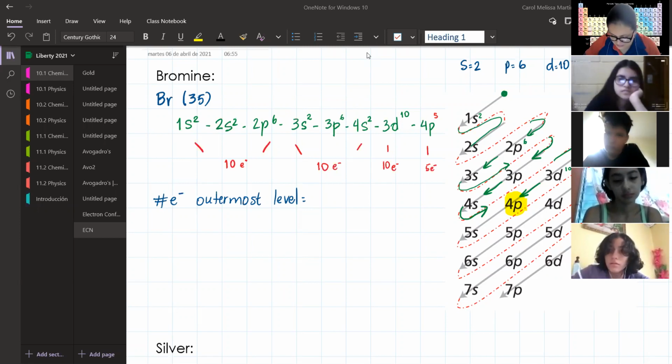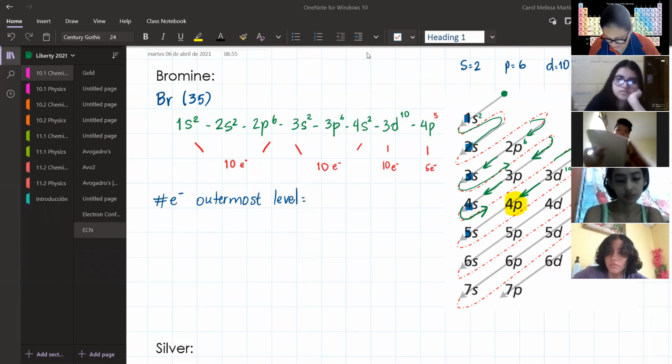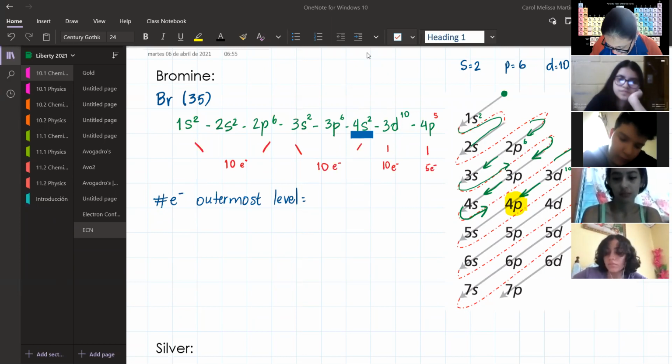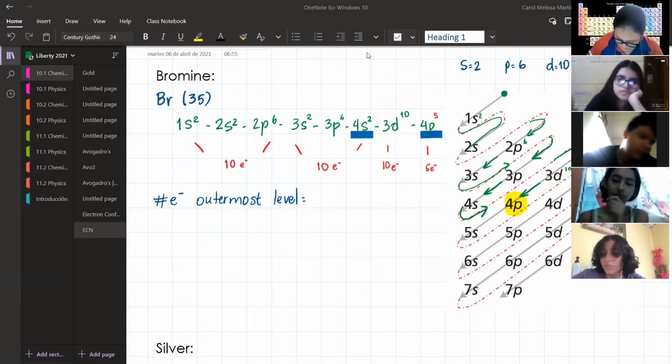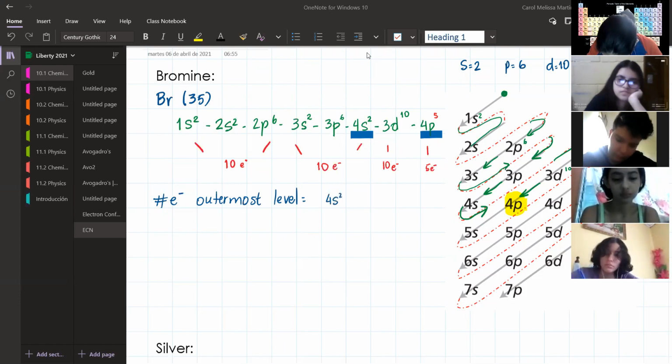Remember that the coefficient is this one right here: 1, 2, 3, 4, 5, 6, 7. So I have to look at the greatest coefficient, which is 4s2 and 4p5. So in the outermost level, I have 4s2 and 4p5.